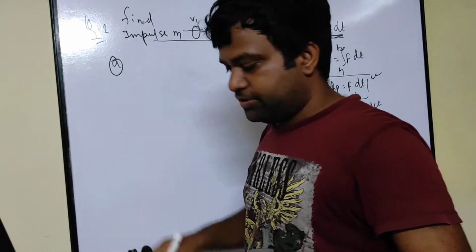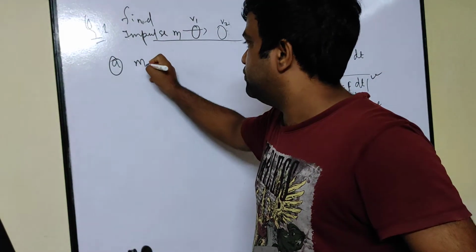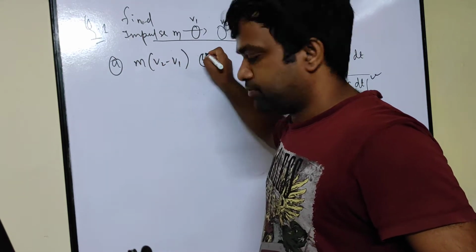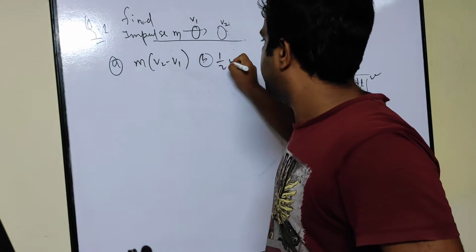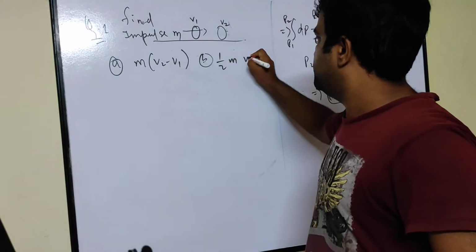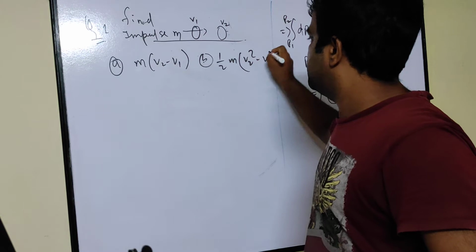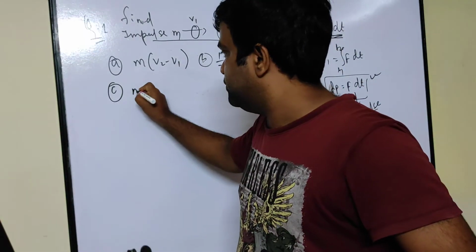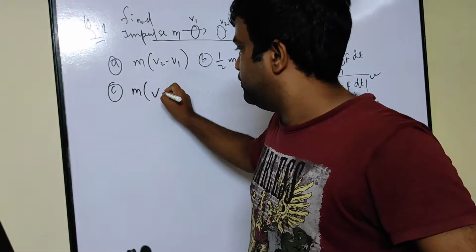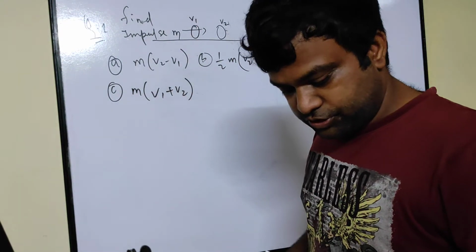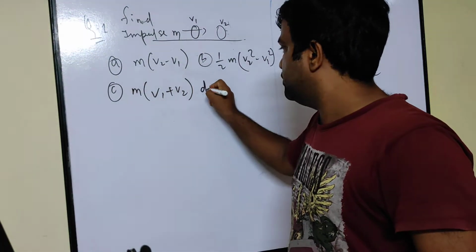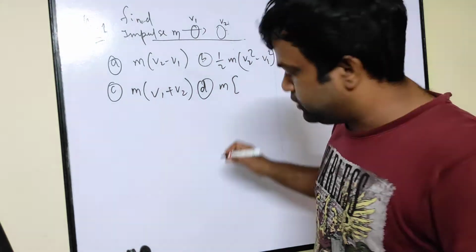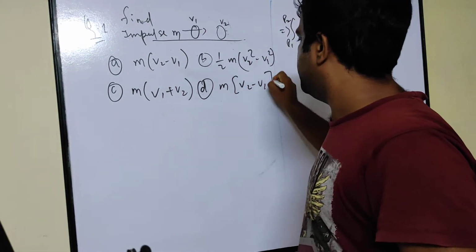The options are: option A, m into v2 minus v1; option B, half m into v2 squared minus v1 squared; option C, m into v1 plus v2; and option D, m into v2 minus v1.